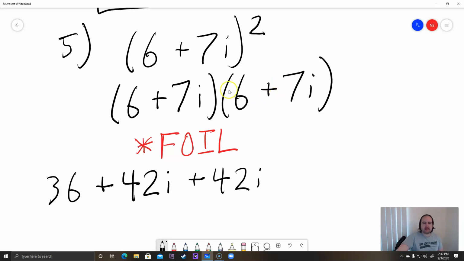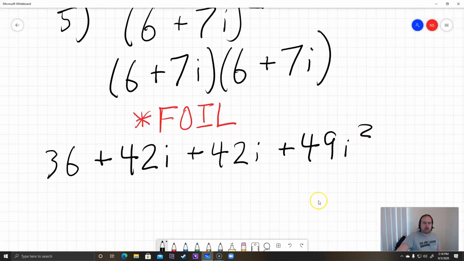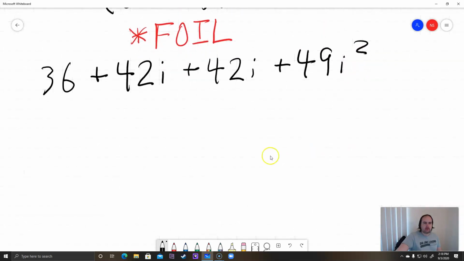And then the last is going to be 7i times 7i. So that's going to give us 49i squared, because 7 times 7 is 49, and i times i is i squared. Okay? So what we have is 36 plus 42i plus 42i plus 49i squared.